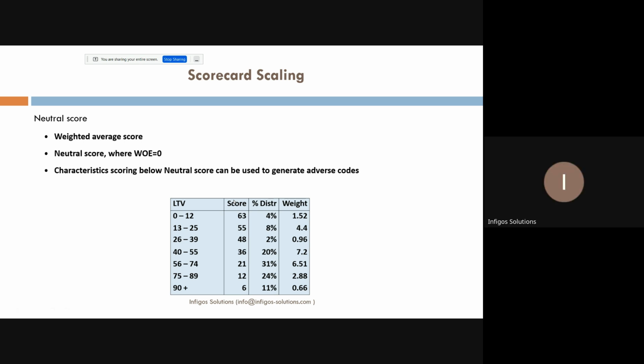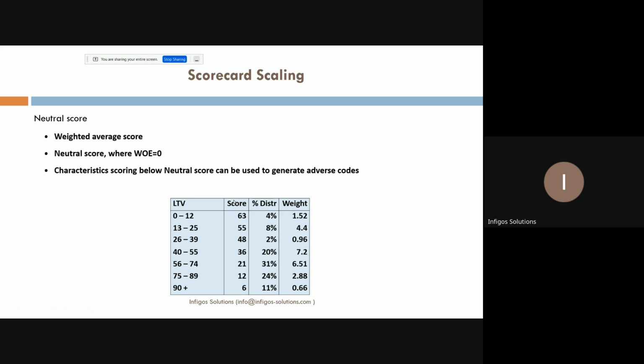So for the neutral score, if a variable has a score which is less than the neutral score, then it would be a reason for rejection for that particular customer. For each variable, you need to get a score which is higher than the neutral score. Then only you will get the credit. Are you getting my point?